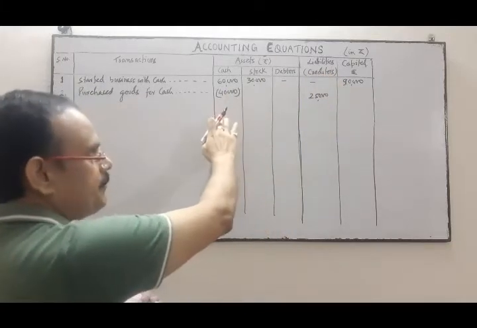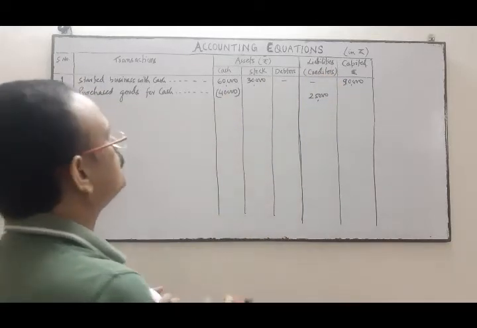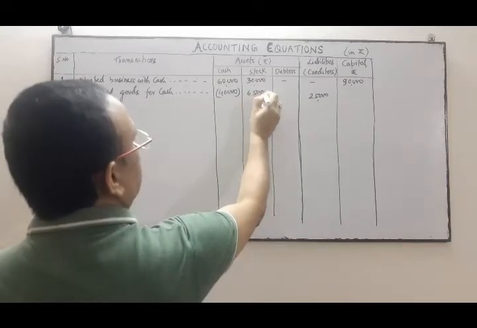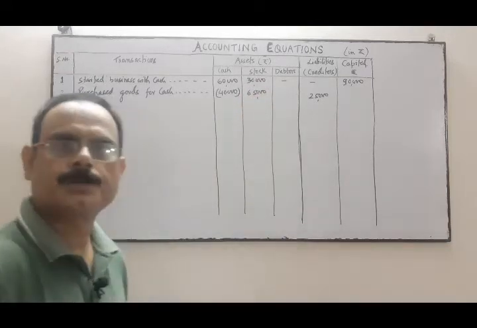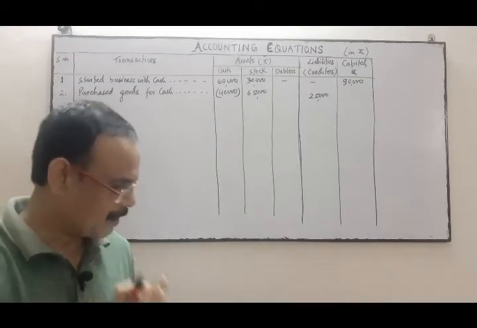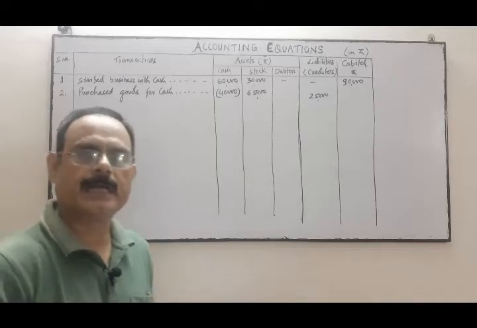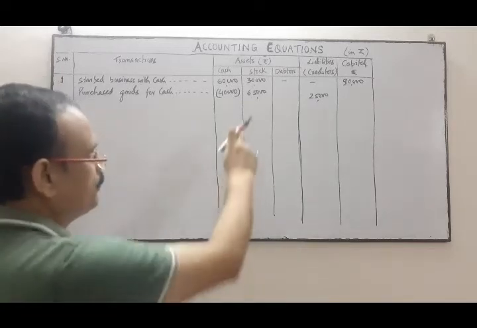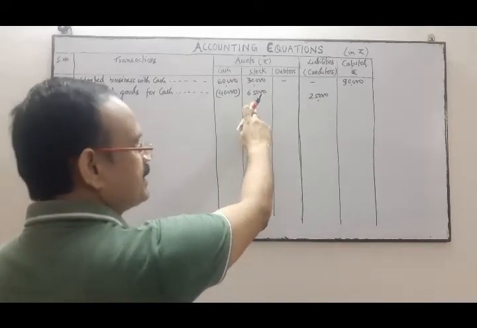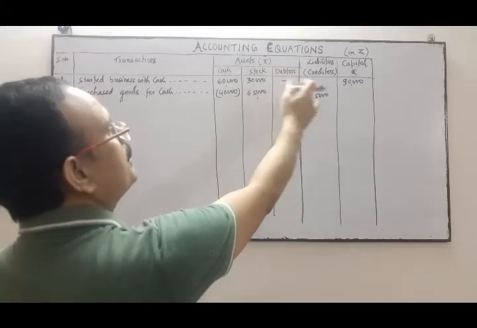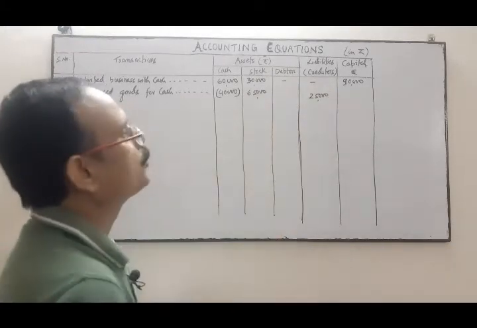You have purchased goods of 40,000 with payment by cash and 25,000 on credit. So total stock will be increased by 65, whereas cash will decrease by 40 and one liability will be increased by 25.